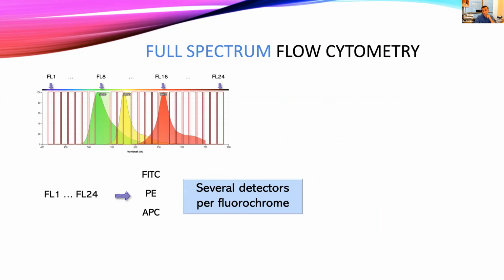And with full spectrum flow cytometry, as the name indicates, we're using all of the available detectors to measure as much as possible the full spectrum of each fluorochrome. So we no longer assign one fluorochrome per detector. We assign all detectors to all fluorochromes.